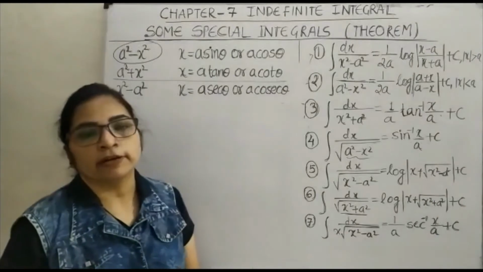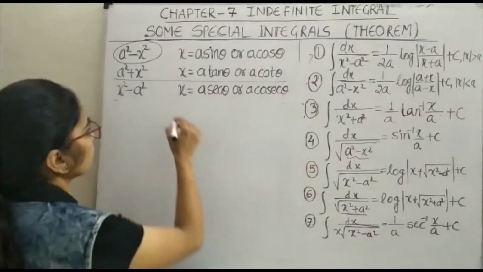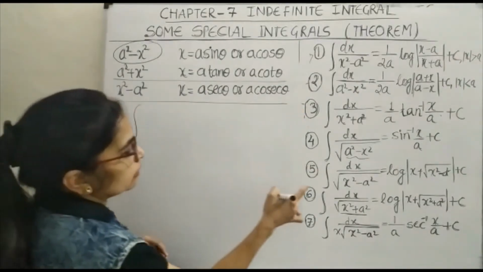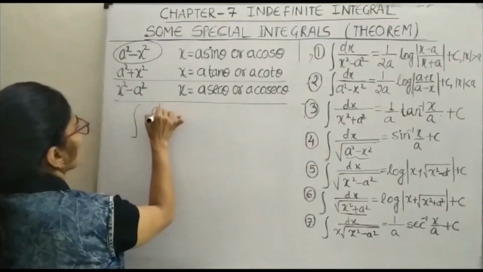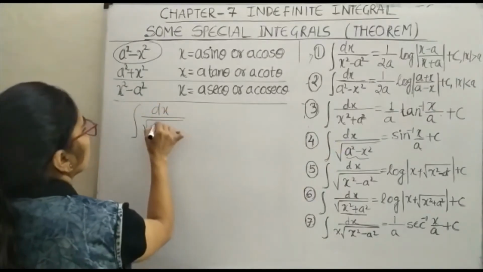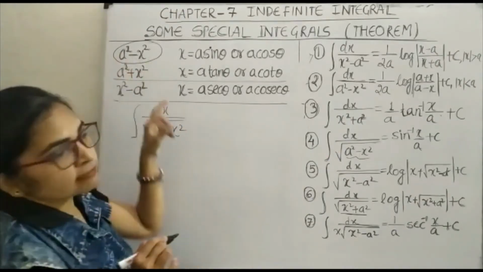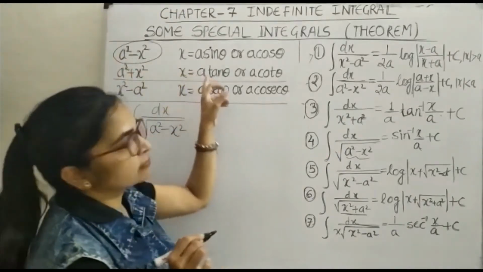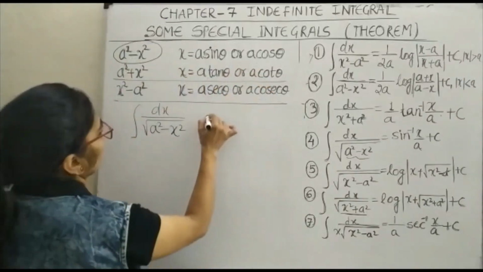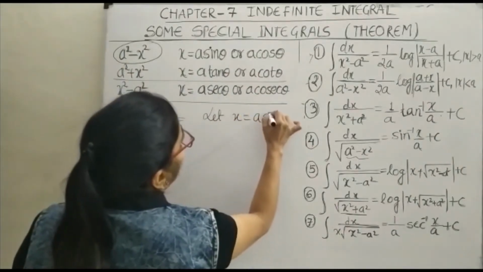Moving ahead with our discussion, we are here to prove theorem number 4, that is integration of dx upon under root a square minus x square. Pay attention: in a square minus x square, the substitution will be x is equal to a sin theta or a cos theta. So let x is equal to a sin theta.